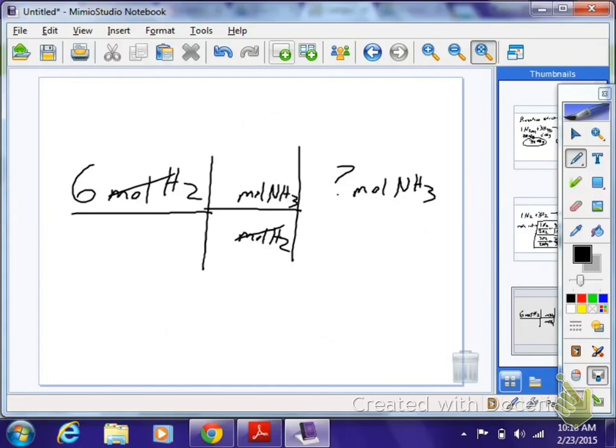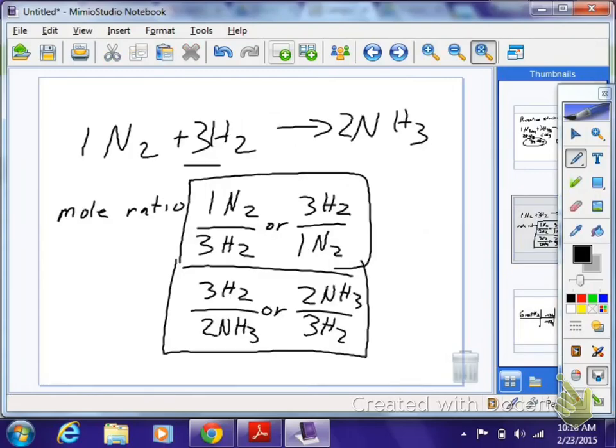So what number goes in for moles of H2? 3. You look at your balanced equation. It says it's a 3 to 2 ratio. So this is the one we use here. 3 to 2. That's the ratio we use because we need to find ammonia.